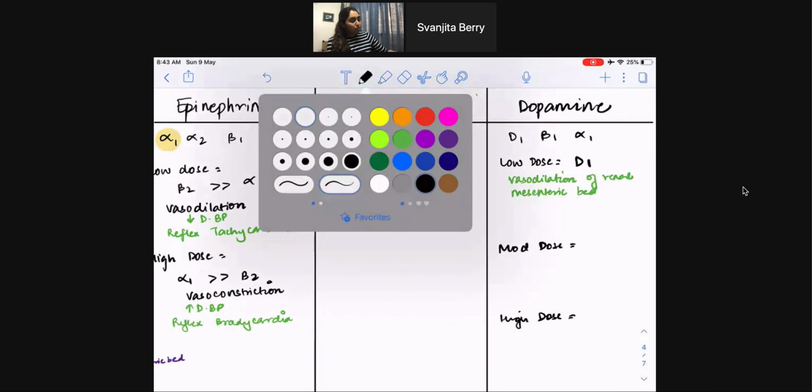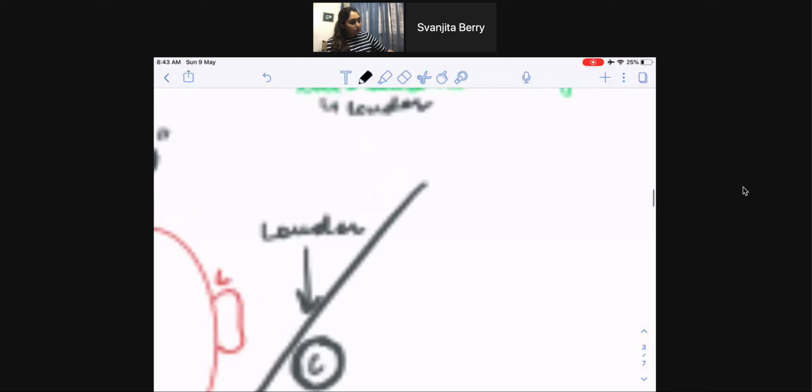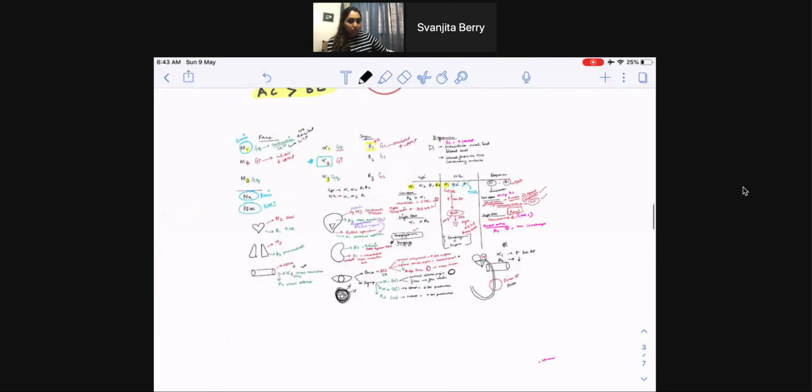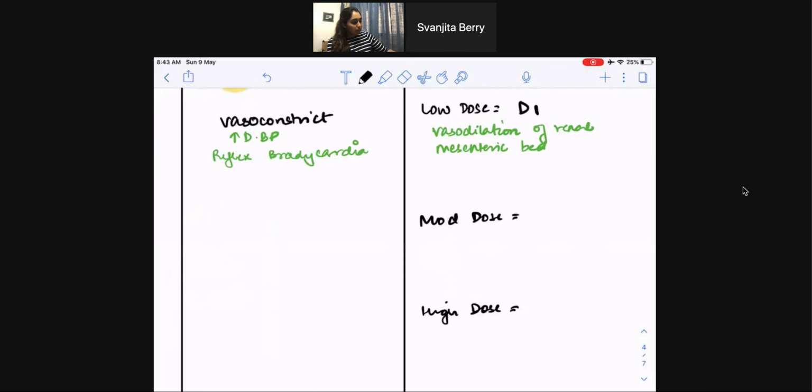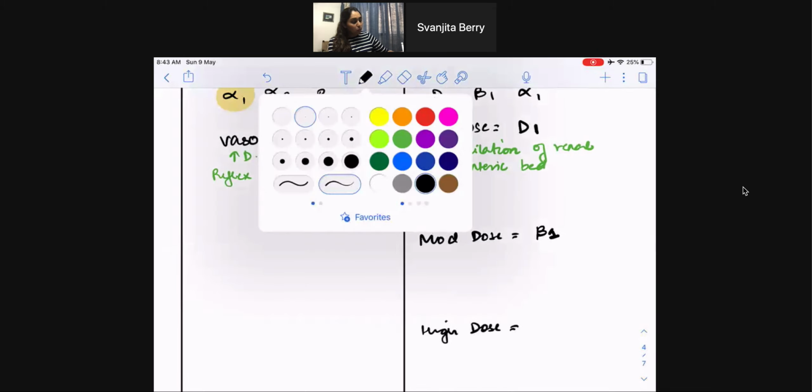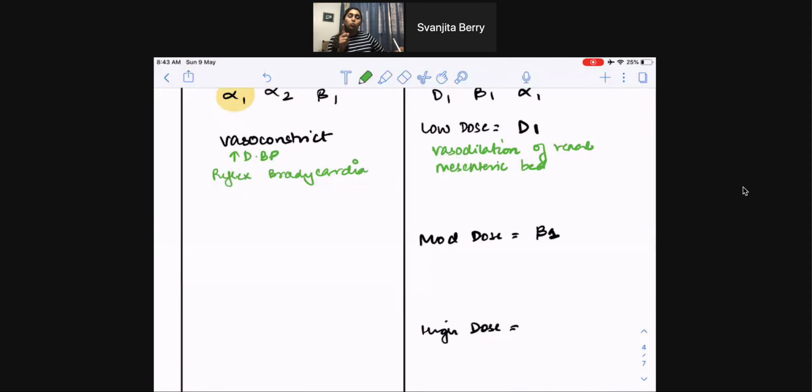At moderate dose dopamine, beta 1 is activated. And if you remember, you have one heart, two lungs, so beta 1 is the one heart.